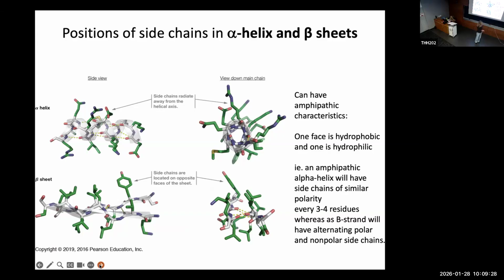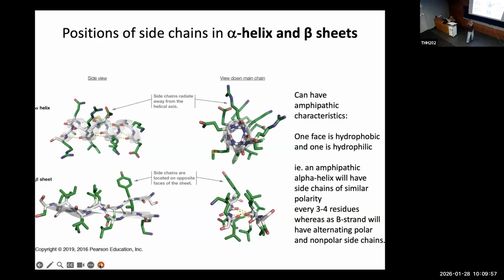A beta sheet, we were looking at face on, where we could see the hydrogen bonds. If it's flipped on its side, you can see that the side chains project above and below the plane where the hydrogen bonding is occurring. So there are almost faces to these two structures. There are sides to them.